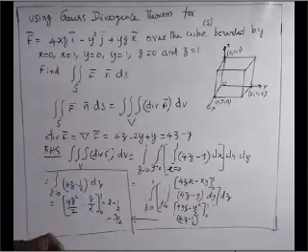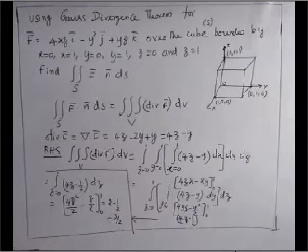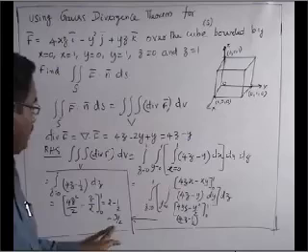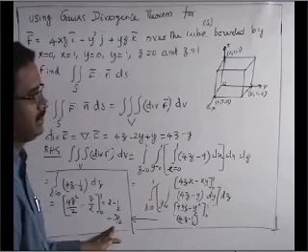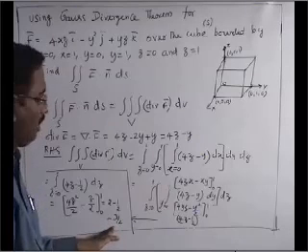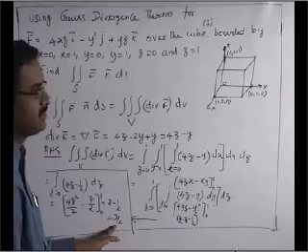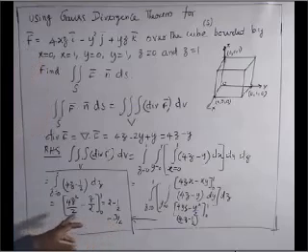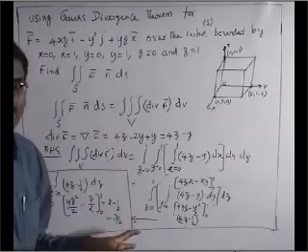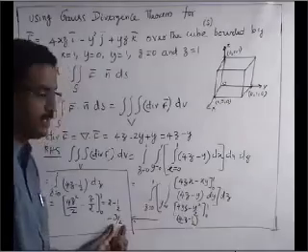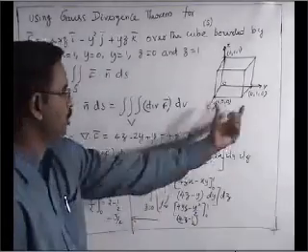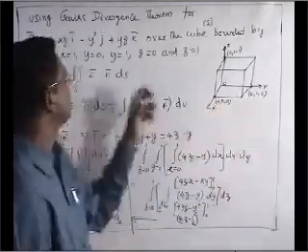Clear or not? So the answer for the given problem, sir, what is this? How to understand this? This is nothing but your flux or your divergence. Okay, outflow minus inflow of any fluid through the cube over the surface.